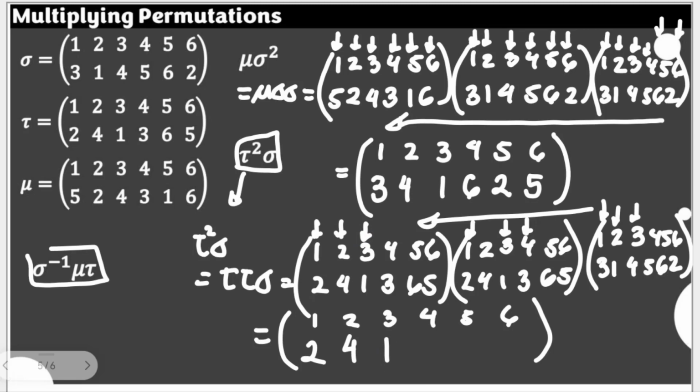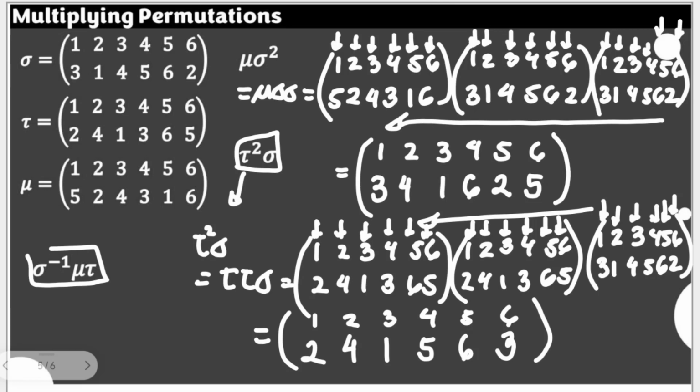Then 4 maps to 5, 5 maps to 6, 6 maps to 5. Then you will have 5 maps to 6, 6 maps to 5, 5 maps to 6. And finally, 6 maps to 2, 2 maps to 4, 4 maps to 3. This is the product of the second expression.